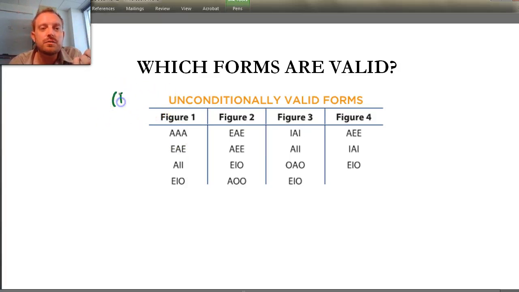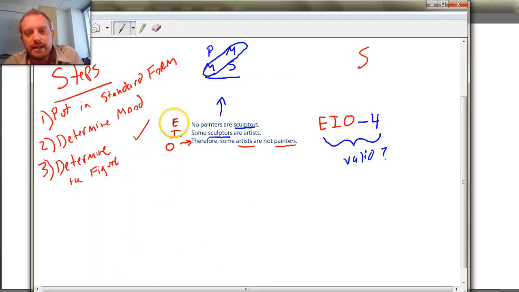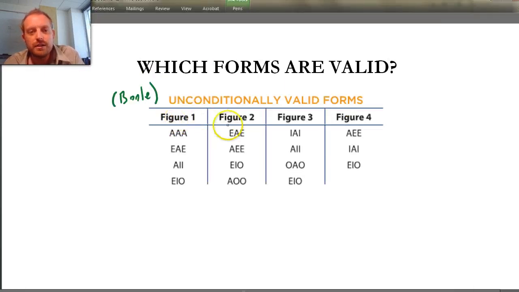Unconditional validity here refers to the Boolean perspective, which is stricter. Basically, all we need to do is look it up, right? Let's look here for an EIO-4. It is on the list, which means that it is valid, unconditionally valid.